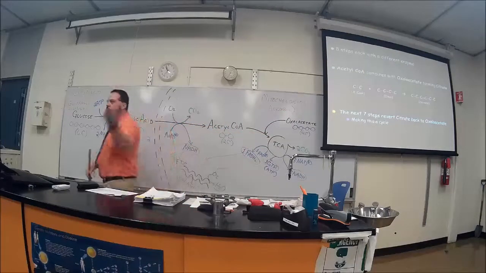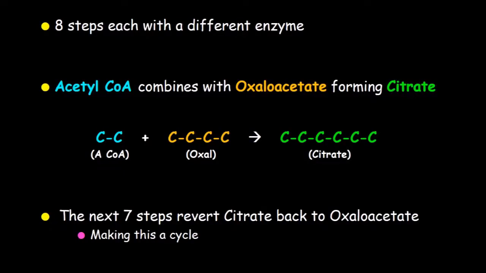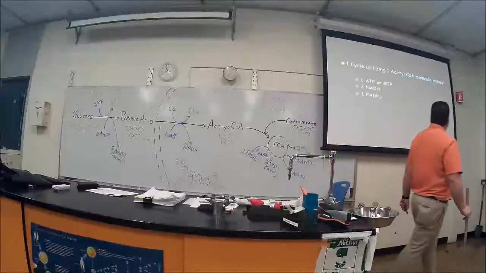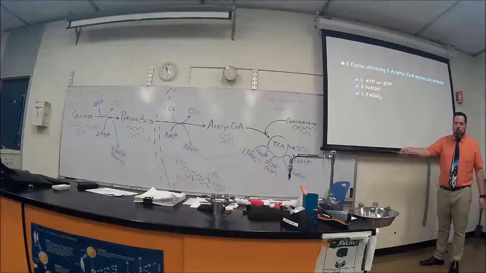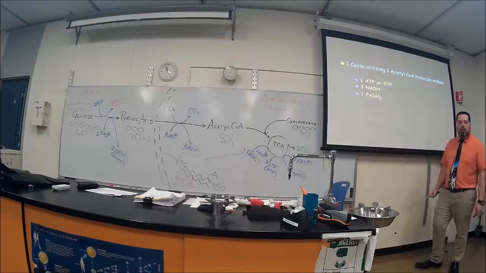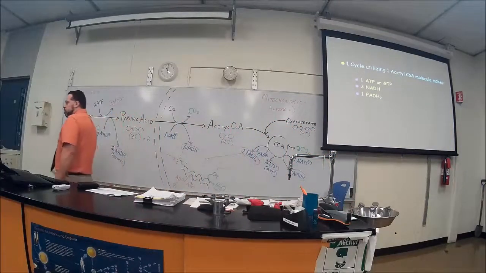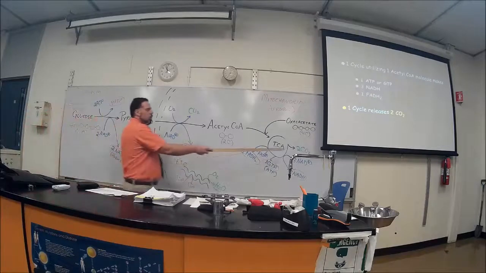And a cycle, and a cycle, and a cycle. One cycle, using 1 acetyl-CoA, you'll get 1 ATP, or the GTP as I showed you over there. You get 3 NADHs, and you'll get 1 FADH. It'll also release 2 carbon dioxides you can see over here.